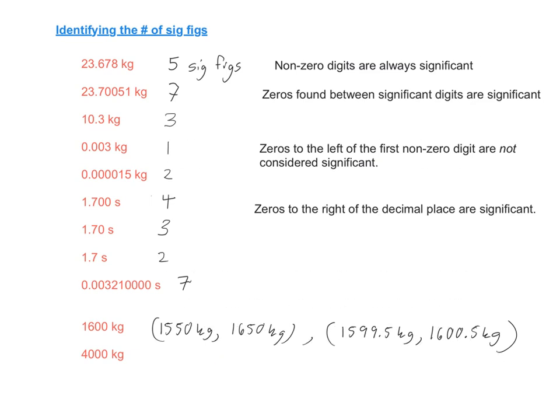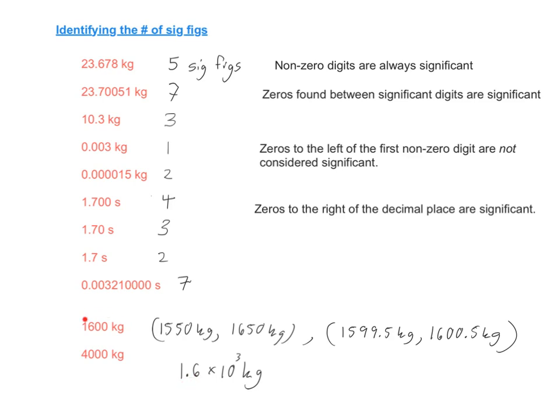If when I'm writing, let's take this first example here, 1,600 kilograms, I really mean that there are just two significant figures, in other words, that the actual value is in this range, then I can simply write this in scientific notation and write it as 1.6 times 10 to the third kilograms. And that's indicating to the reader that there really are just two significant figures here, 1, 2.